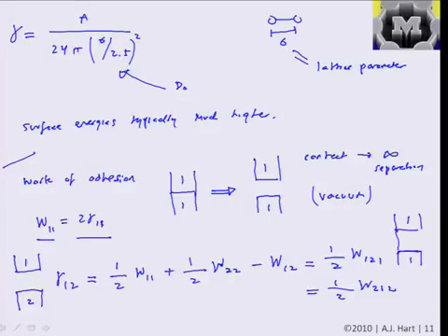So it's like having a case like this, and gamma 1, 2 would be the energy of the surface, the interface between 1 and 2.